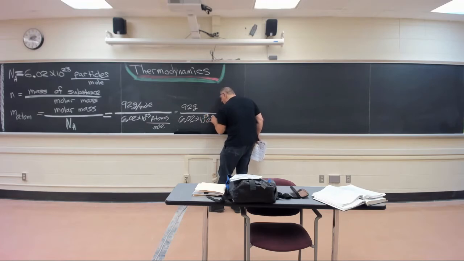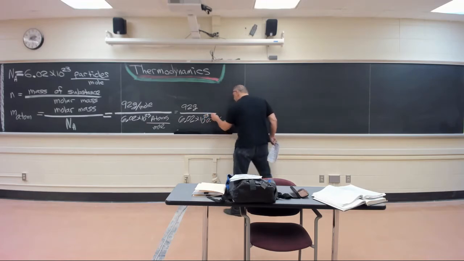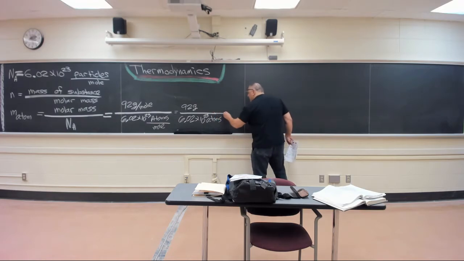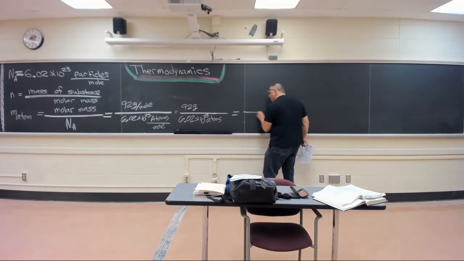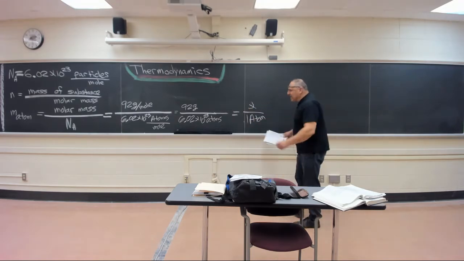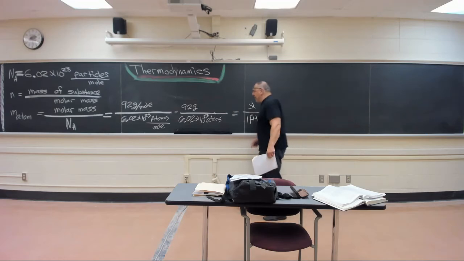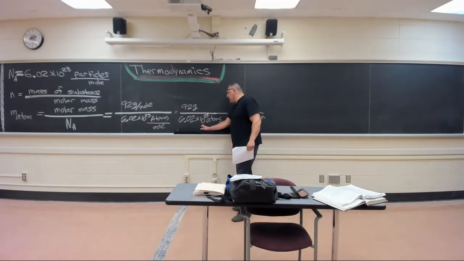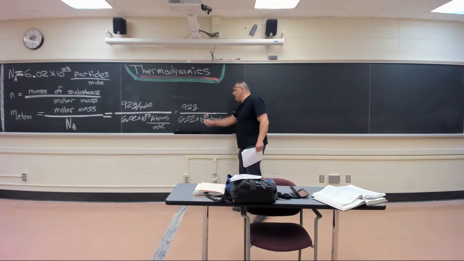So how many grams do you have per atom? Per 1 atom, what's the mass? I could set up a ratio. There's 6.02 times 10 to the 23rd atoms that corresponds to a mass of 92 grams.